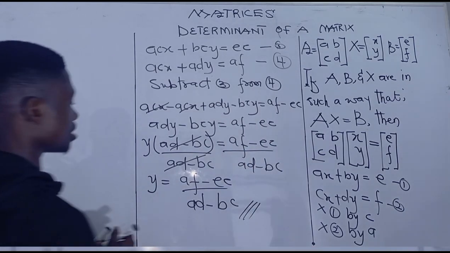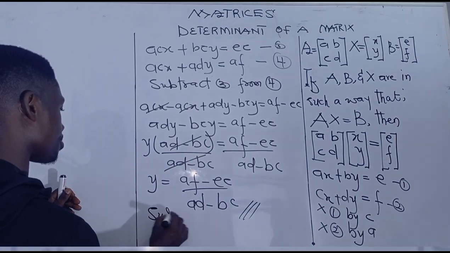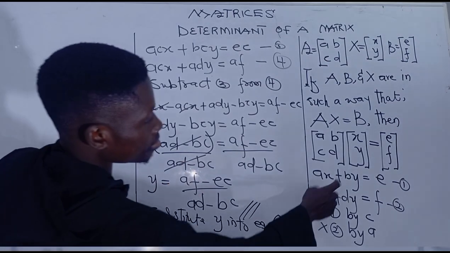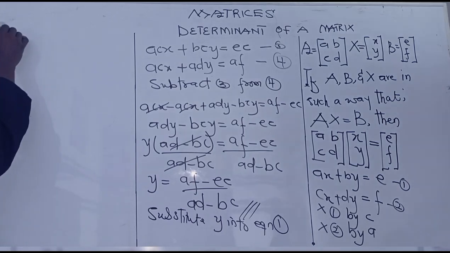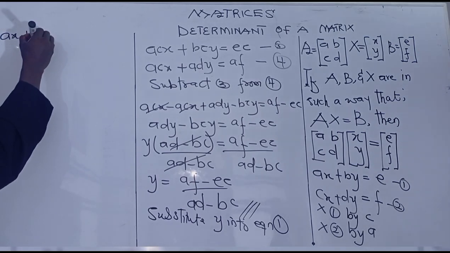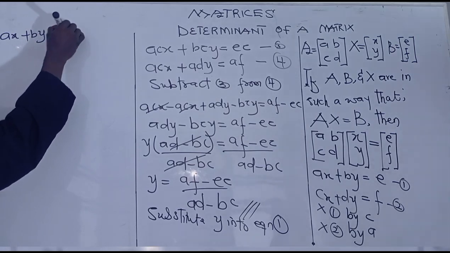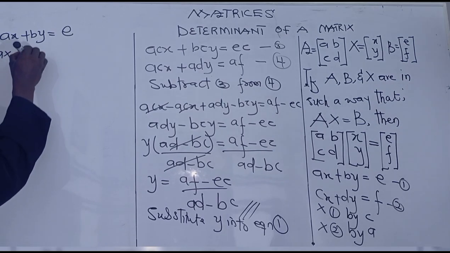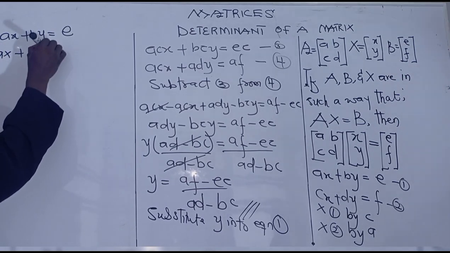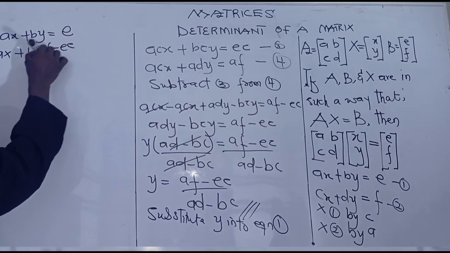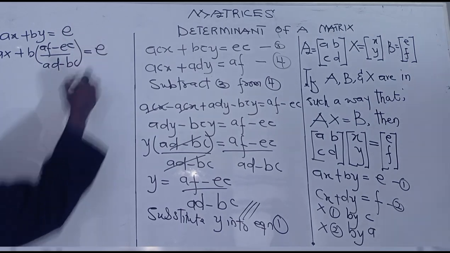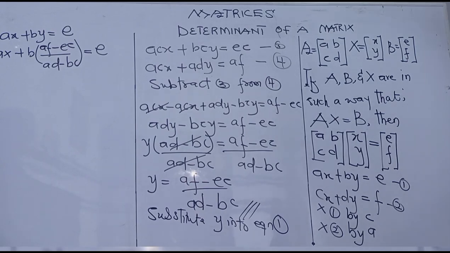Let's say equation 1: AX plus BY is equal to E. We substitute the value for y, so we have AX plus B times AF minus EC, all over AD minus BC, equal to E. Now let's eliminate the denominator by multiplying through the equation by AD minus BC.